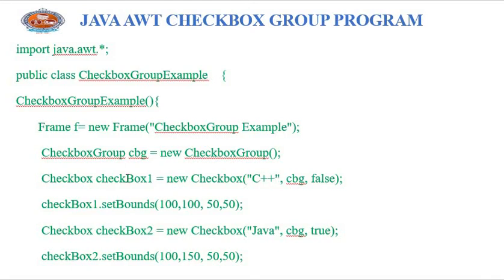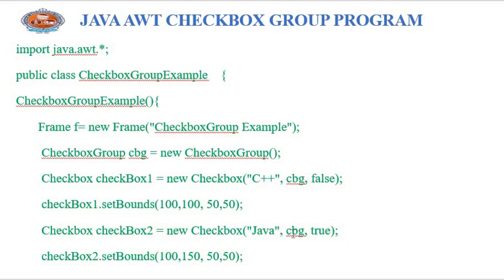Okay, so here first checkbox1 sets the bounds. The object is checkbox1 dot setBounds, size 100, 100, 50, 50. Next we can create another checkbox2, new Checkbox("Java", cbg, true).